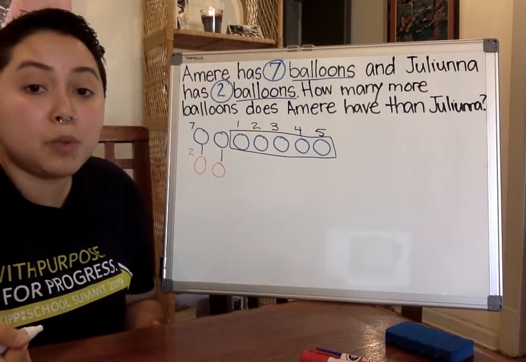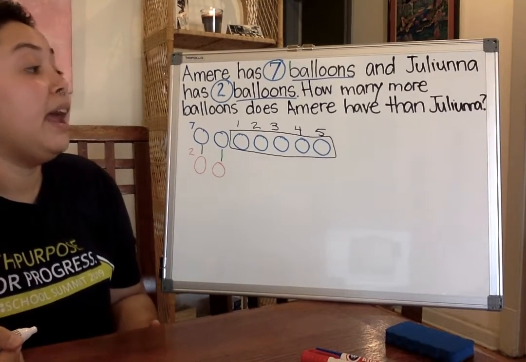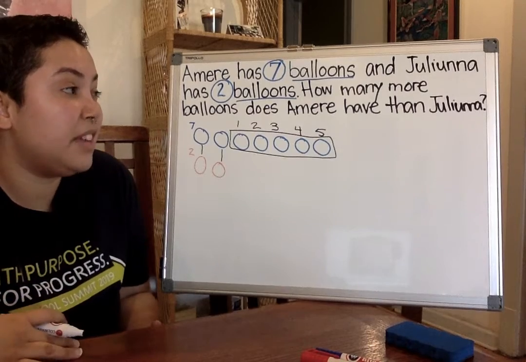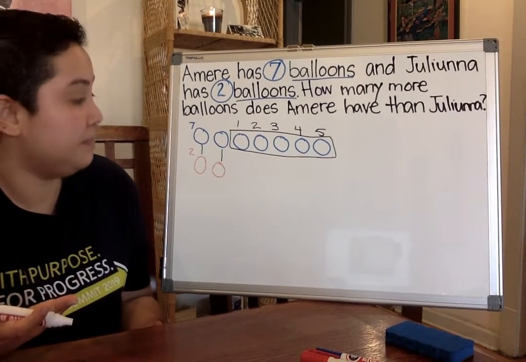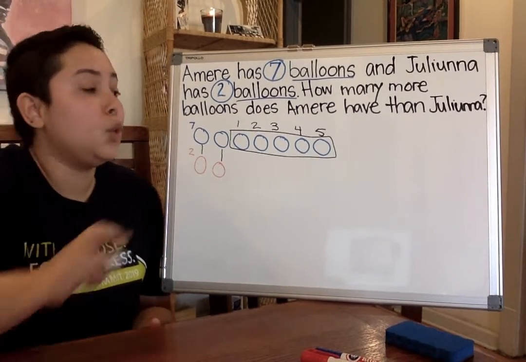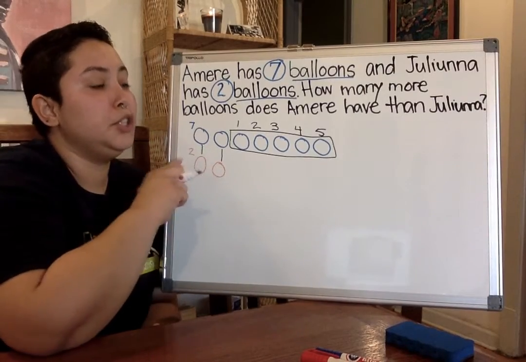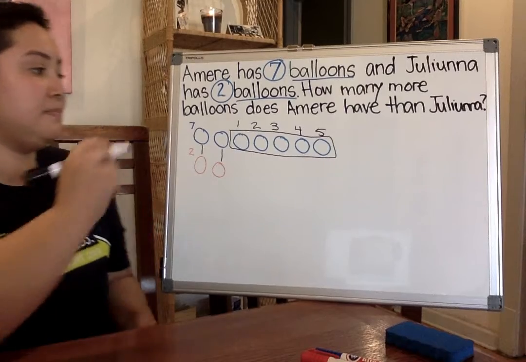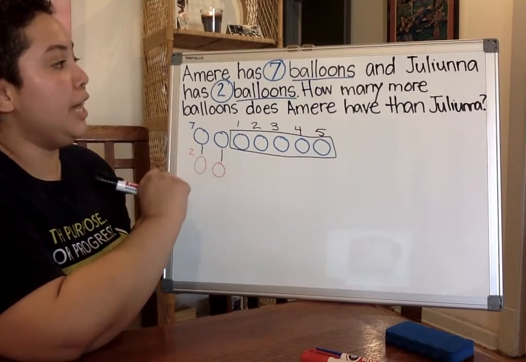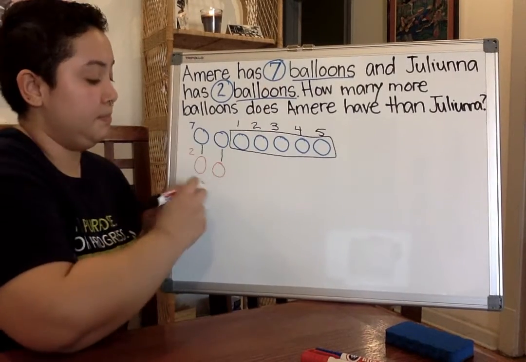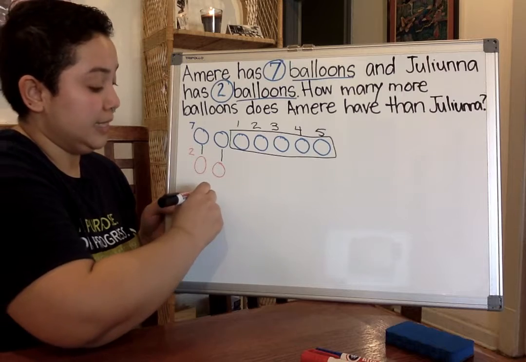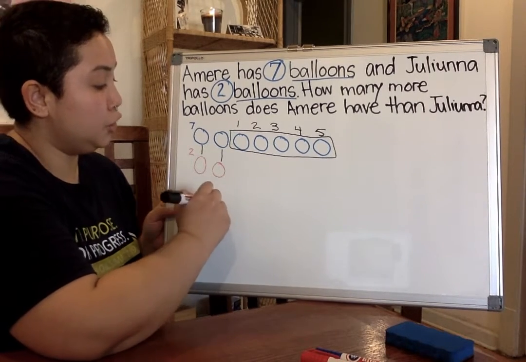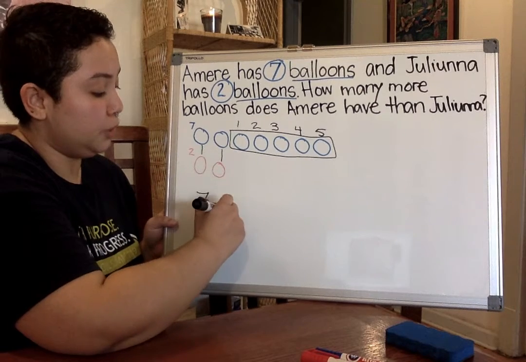Now, what I would want to do is put my numbers in a number bond, or even a number sentence, but we'll have to use the total. We'll subtract to do our number sentence. I know that Amir started off with 7 balloons, and Juliana has 2 balloons.